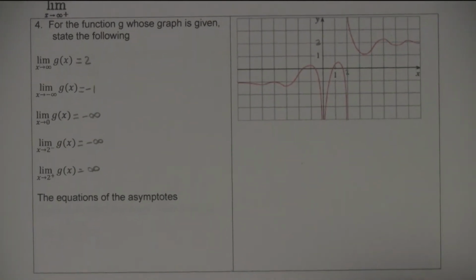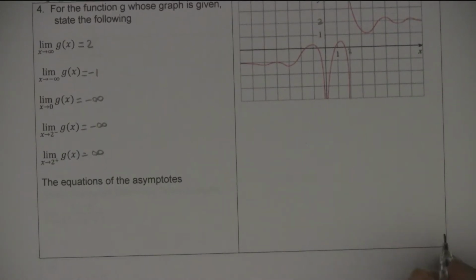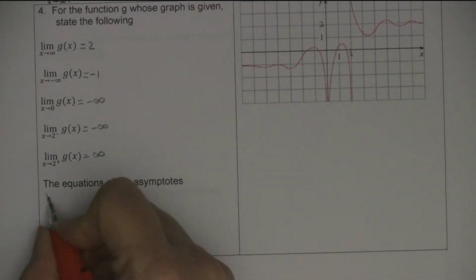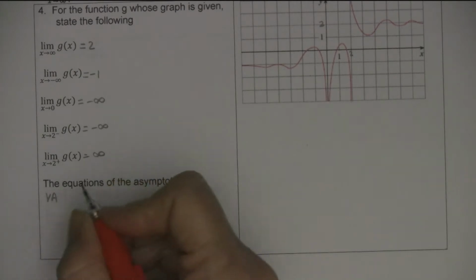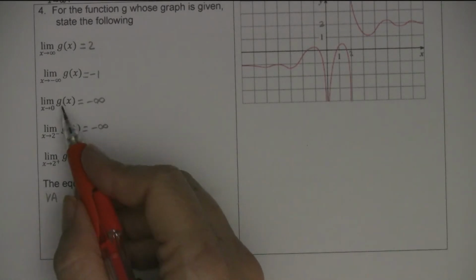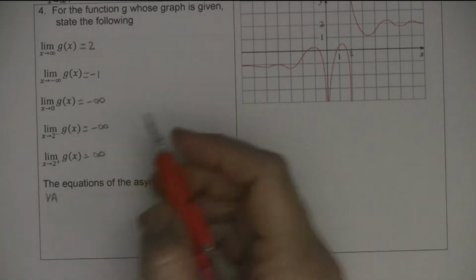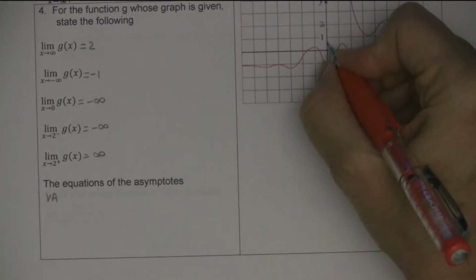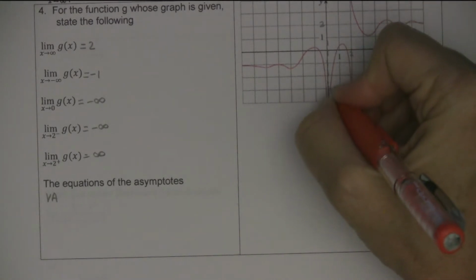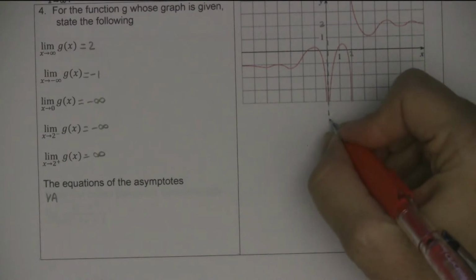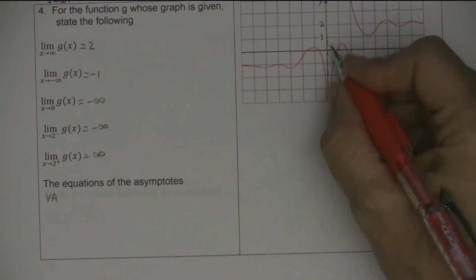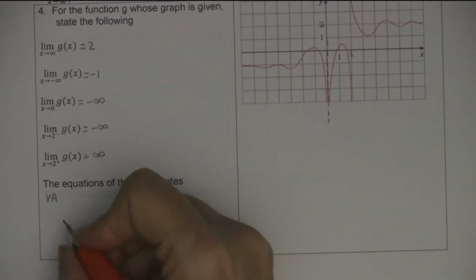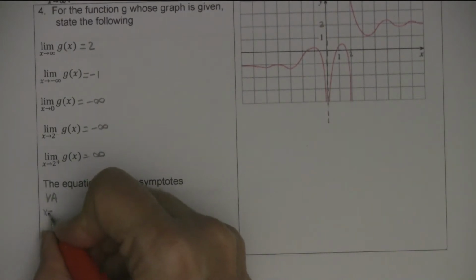Now it's asked to use some equations of the asymptotes, and we had already learned about the vertical asymptote, right? And these right here, we're talking about the vertical asymptote. So there's a vertical asymptote right here, and it's a vertical line at x equals 0. So x equals 0.